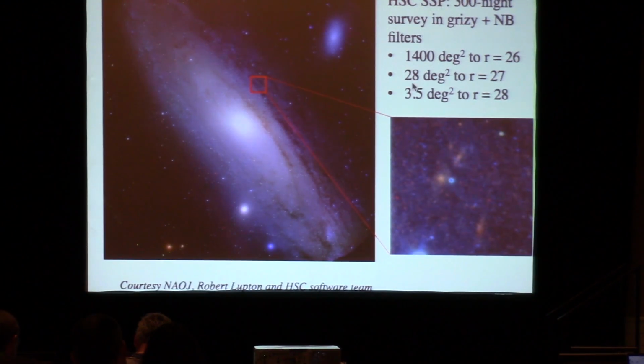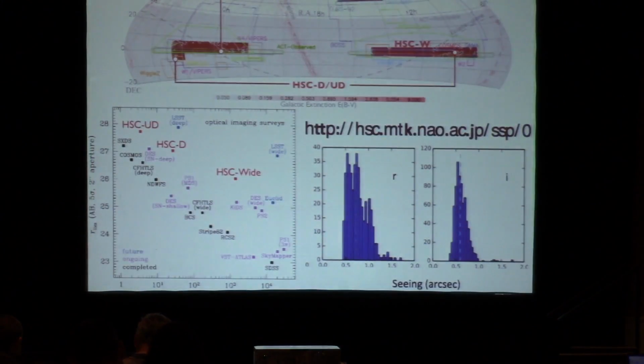There are 4 deep fields spread across the sky going somewhat deeper, and then 2 ultra-deep fields. These are single pointings where we just stare at the thing as long as we possibly can. So here are the survey areas laid out on the sky.